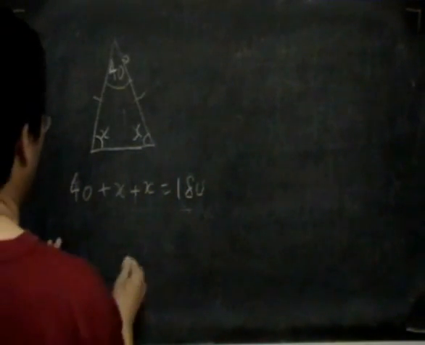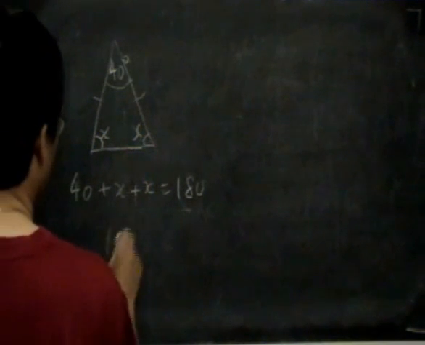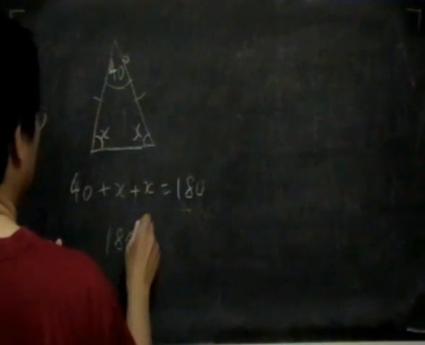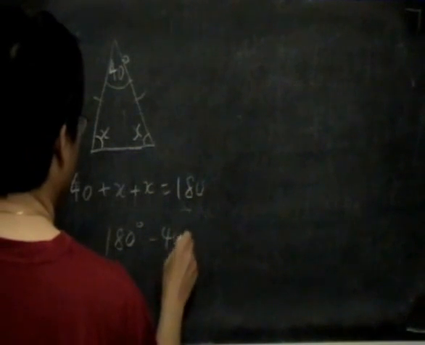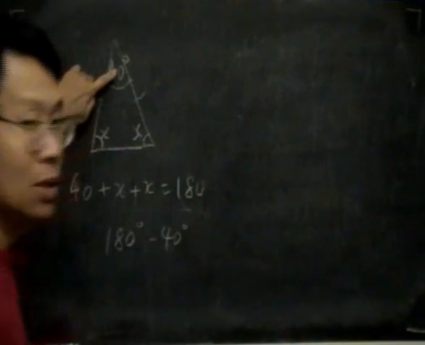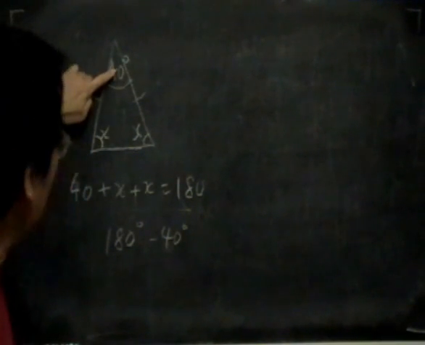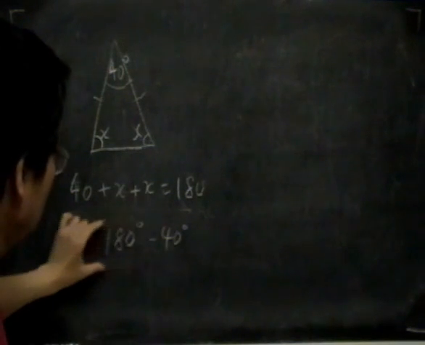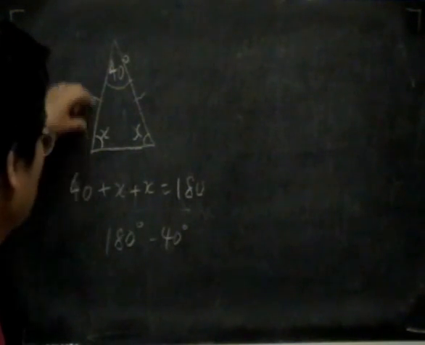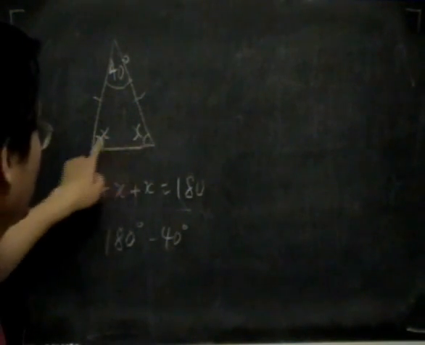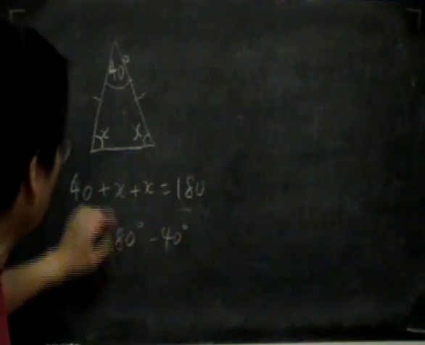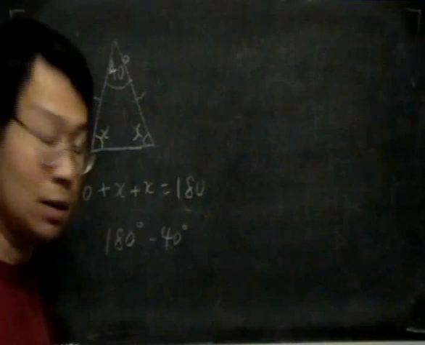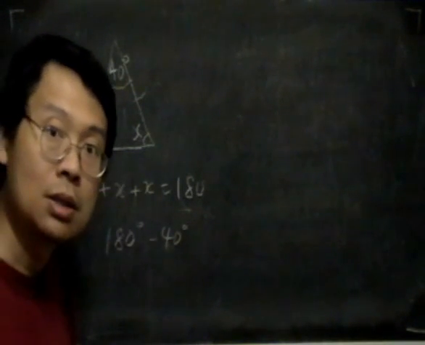Just going to write this out. The sum of the three angles is 180 degrees. If I subtract 40, if I subtract that angle from the total, the answer must be the sum of the remaining angles. Okay, so this must be equal to x plus x. But I know that the two angles are equal.